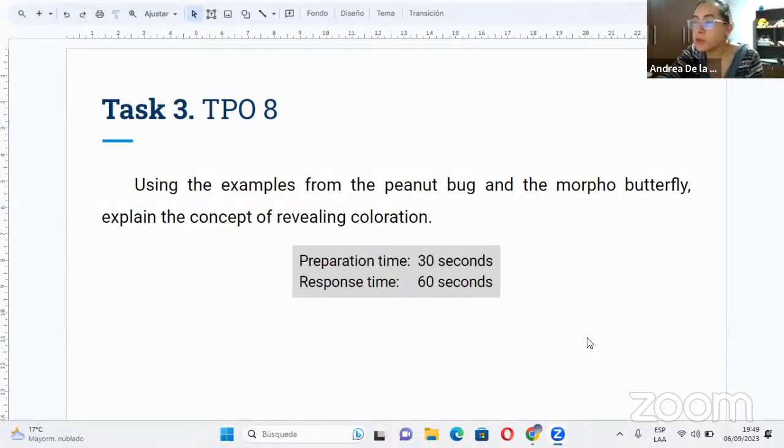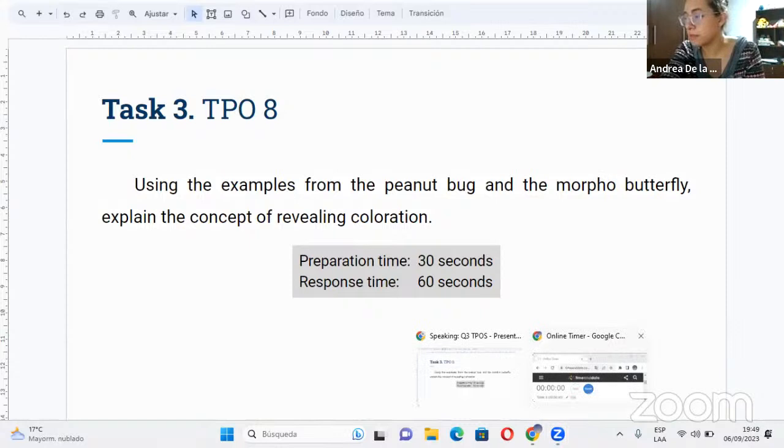Using the examples from the peanut bug and the morpho butterfly, explain the concept of revealing coloration.